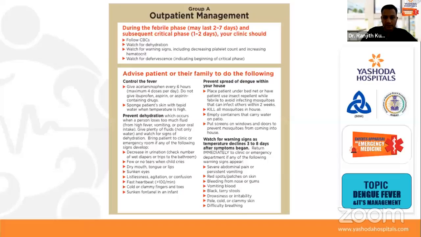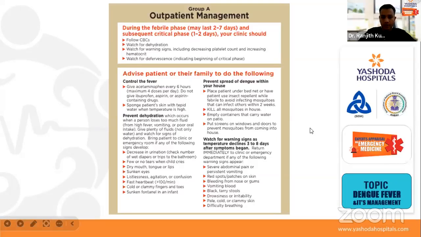We have already mentioned this in the earlier slides. Patients in group A are usually advised to take paracetamol for fever control or do tepid sponging, hydrate enough, and prevent the spread of the virus to other members of the family.